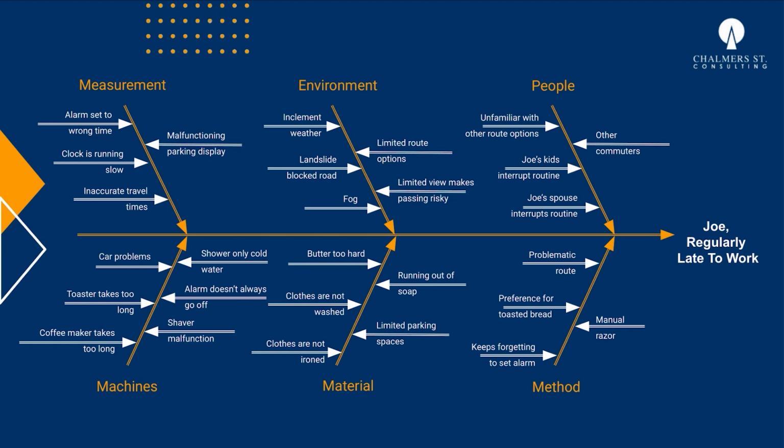Is it maybe something about the alarm clock that Joe's using and the clock is running slow? That's more of a measurement type issue. Is Joe remembering to set the alarm clock at night? Is he forgetting? That's a method issue. So we can brainstorm in each one of these big categories and come up with where we think this problem that Joe's experiencing is coming from. Okay.